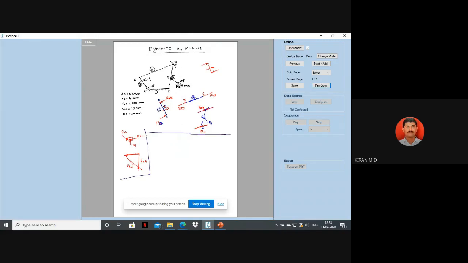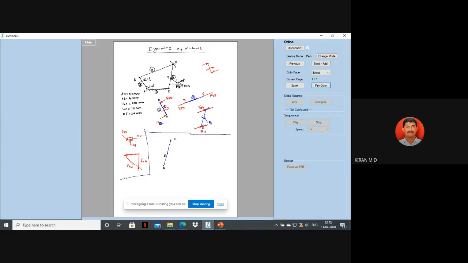For that, I will draw this line CD. Parallel to this CD line, I will draw, and use the same scale we used, 75 mm. This is C and this is D. Somewhere we have the point E. This is 35 mm from that one.